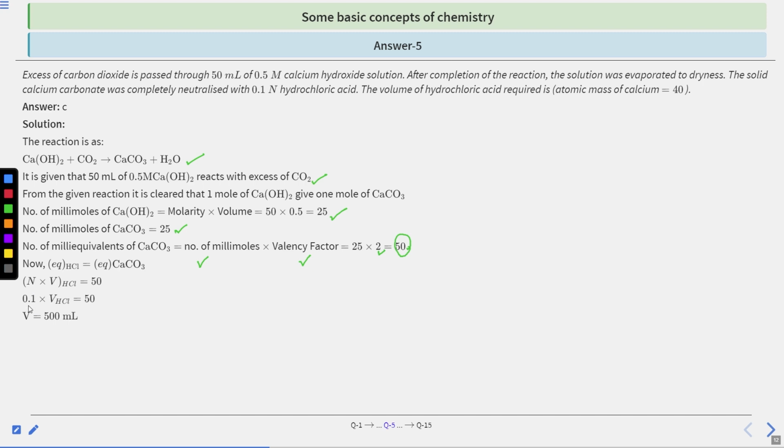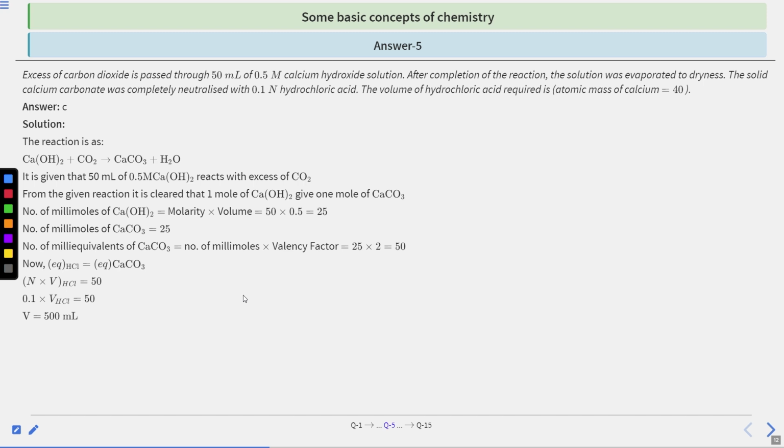So normality is 0.1, and volume of HCl we have to find out. So V will be equal to 50 divided by 0.1, and V comes out as 500 ml. So that's why option C is the correct answer.